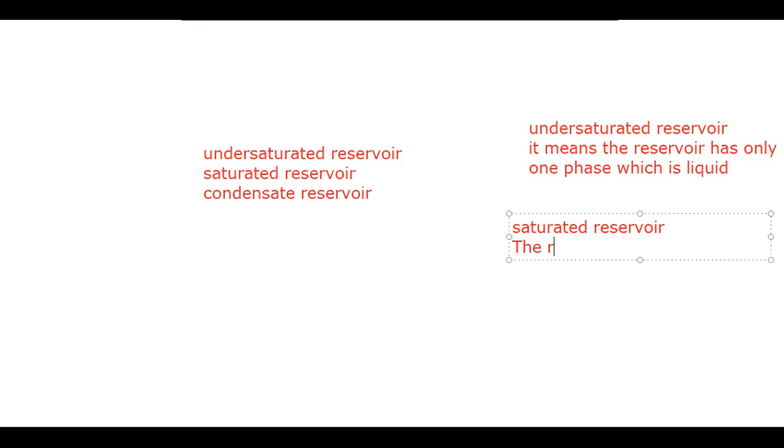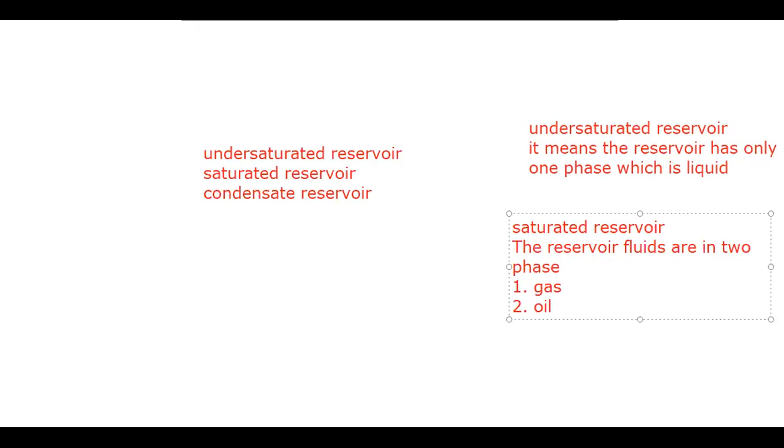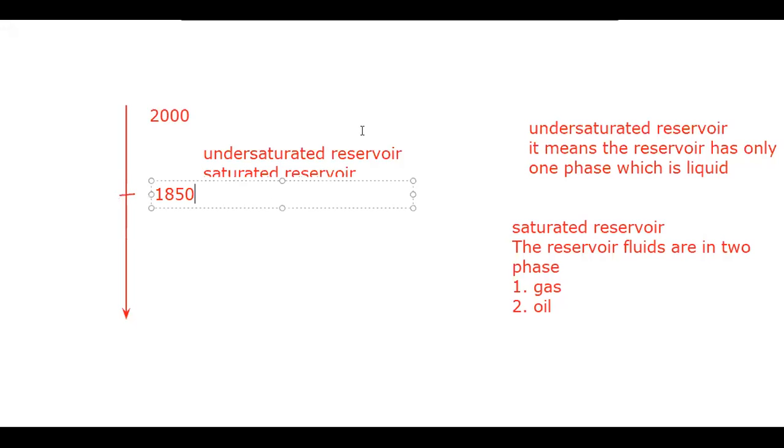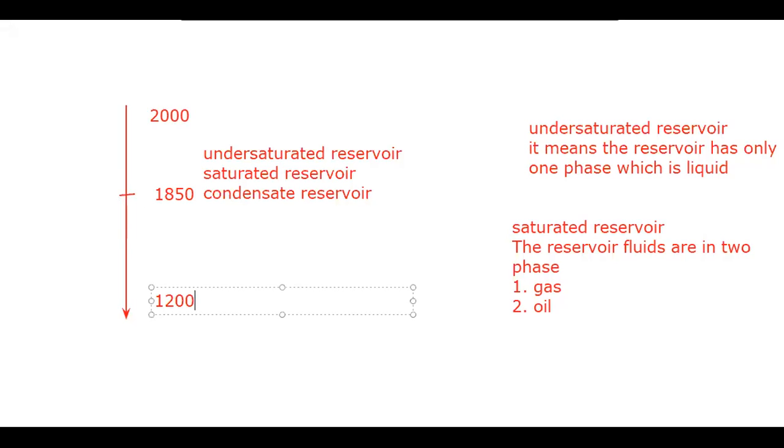Saturated reservoir means the reservoir fluids are in two phases. Phase one could be gas, could be oil. Two phases. Now both conditions exist as the pressure declines and we are moving. As the pressure is declining from, let's say, 2000 to the bubble point, actually, where the first drop of bubble comes out, let's say this pressure is defined as 1850, and here let's say 1200 psi.